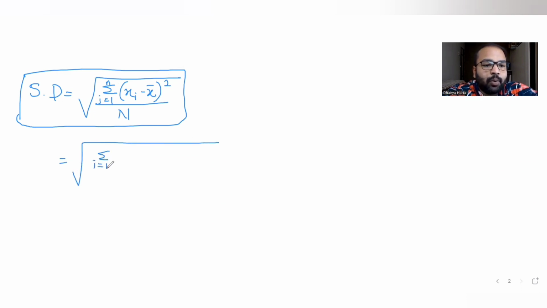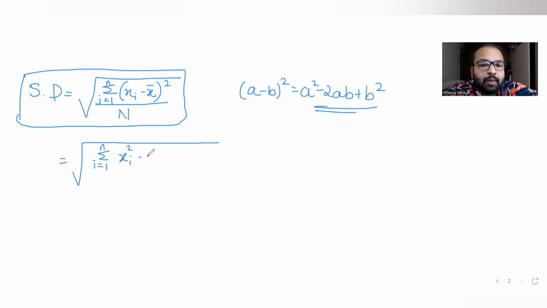Sum of i equals 1 to n. If I square this, you already know a minus b the whole square is a square minus 2ab plus b square, right? So here if I use that idea, I get a square minus 2ab, so minus 2 xi into x bar plus x bar square, upon n, right?